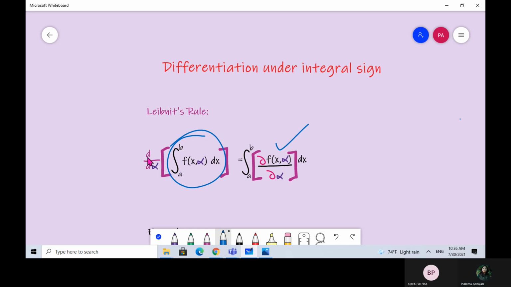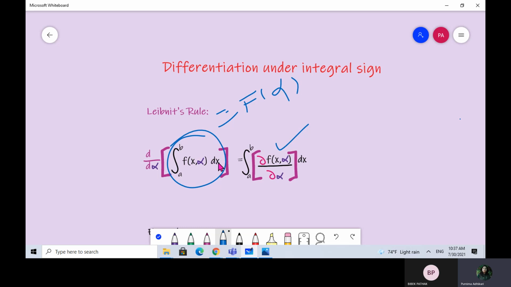Integration is happening first, right? When integrating, if a and b are constants, the result of this process will be a function of how many parameters? Can you tell me? Only one parameter, alpha, isn't it? What is the reason? Because x will be replaced by a and b. After applying the limits of integration, the x term doesn't remain, because you're integrating with respect to x.